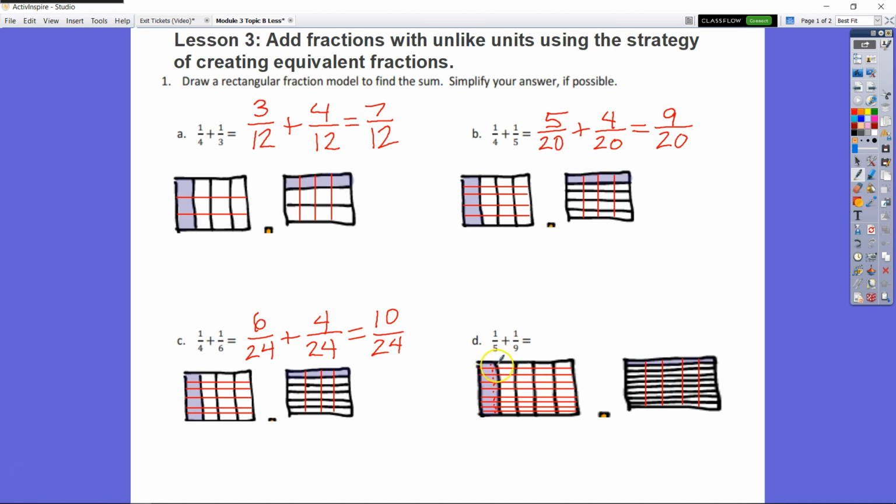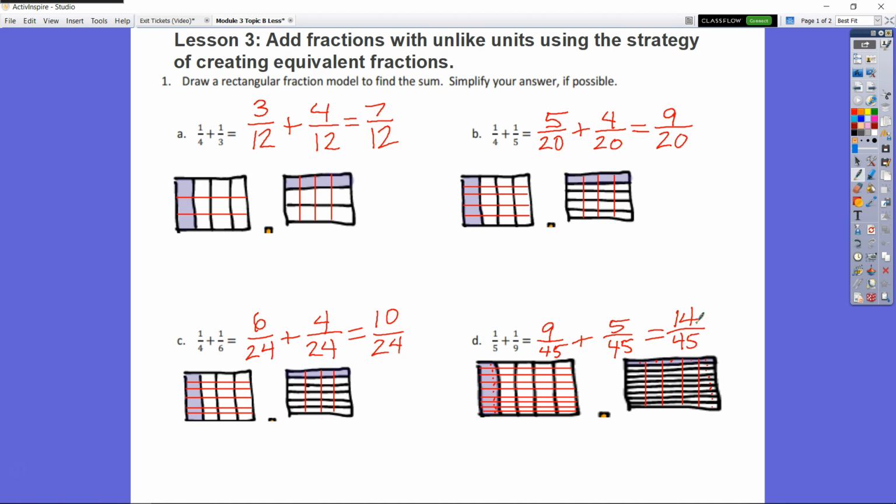So 9 times 5 would be 45. And 9 out of 45 is shaded in. Plus this group is 1, 2, 3, 4, 5. 5 out of 5, 10, 15, 20, 25, 30, 35, 40, 45. 9 out of 45, which gives us 14 out of 45.